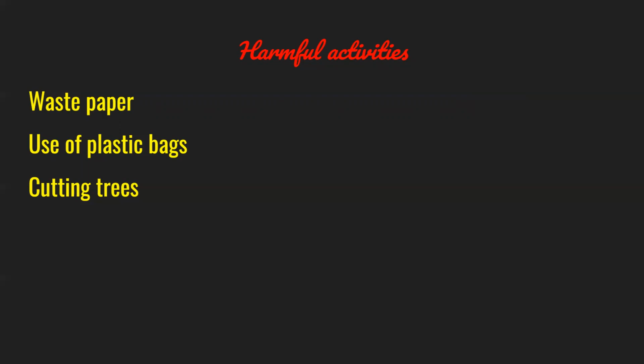Due to the greenery, tall trees attract the clouds, and there is rain. So when the trees are cut down, paper is wasted, and we are using plastic bags, they create harm.